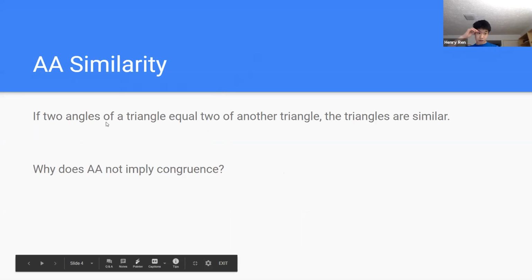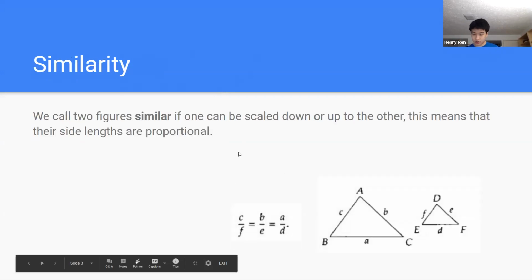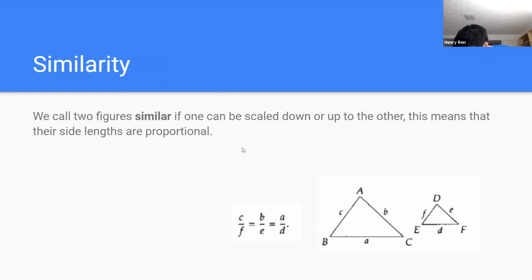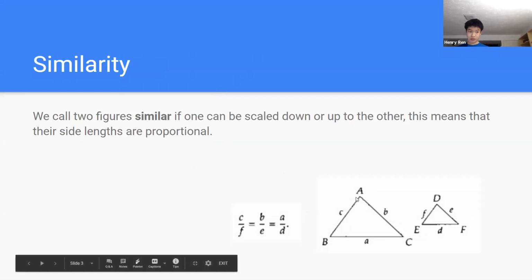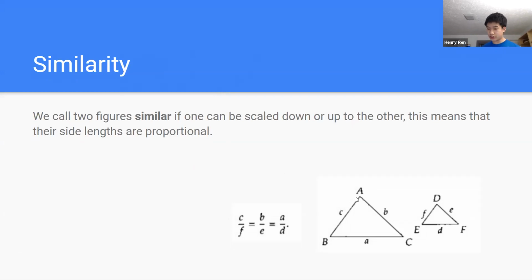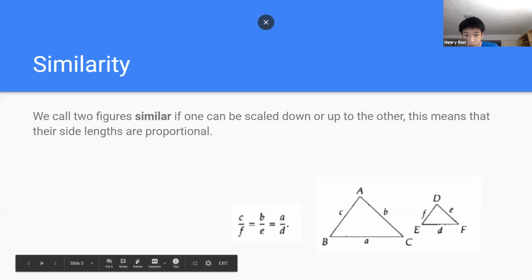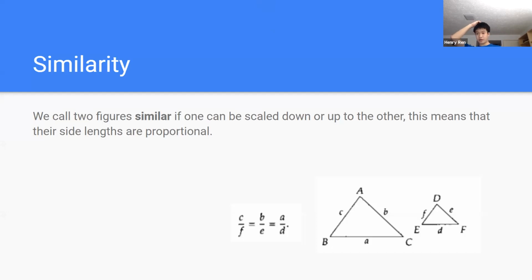Every triangle can be defined by its angles and its side lengths, and all you're doing in similarity is changing how long the side lengths are, so the angles won't change at all. We call it AA similarity instead of AAA because all angles add up to 180, so we don't need 3 angles to prove it. We just need 2 that are the same to prove similarity.